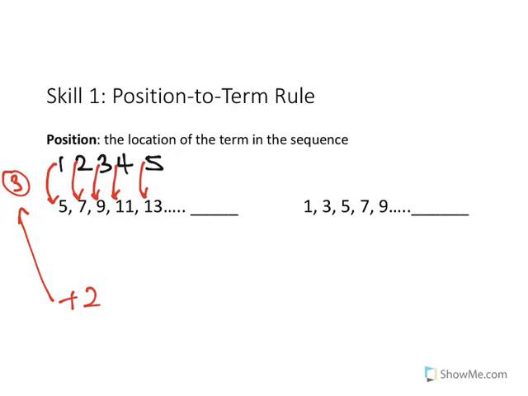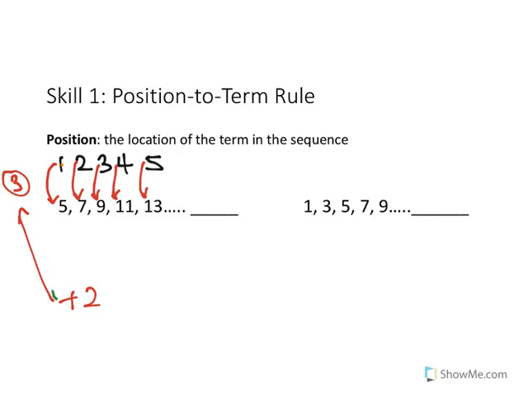So, for example, if I did 1 plus 4 to make 5, that works, but when I do 2 plus 4, it doesn't make 7. It doesn't work. So that can't work.